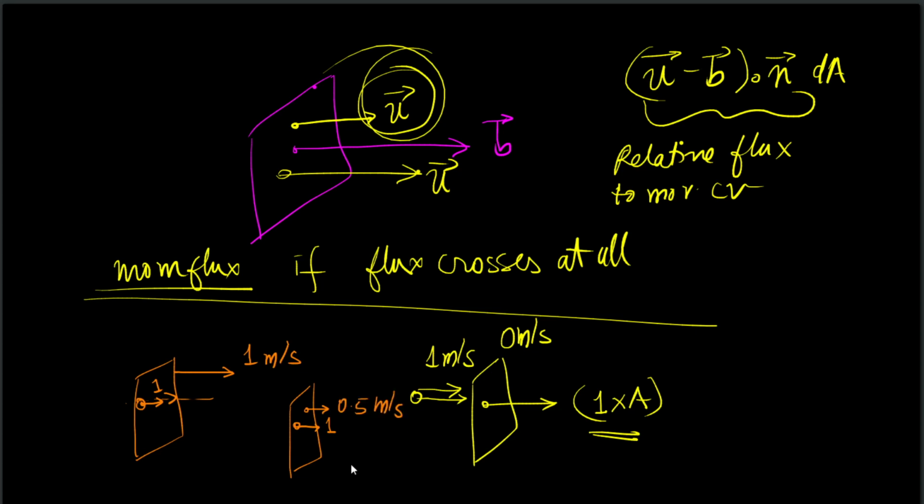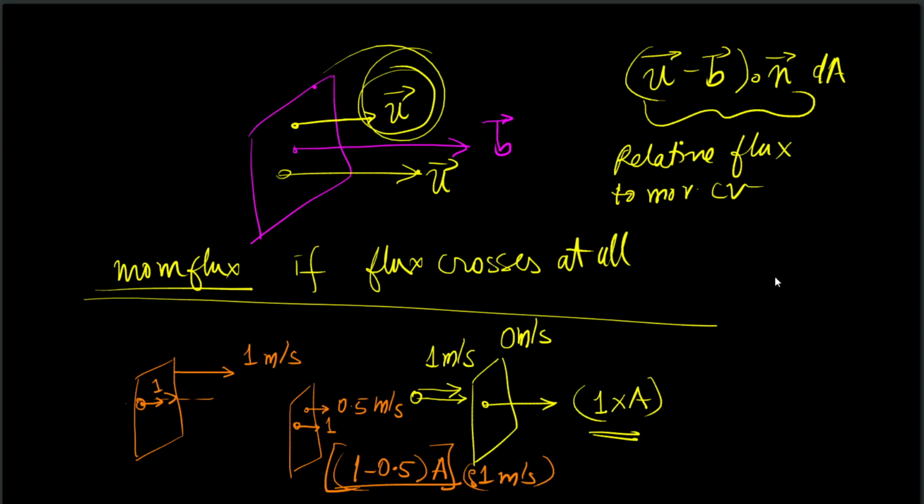So per second, I will only have half the flux. So it will be 1 minus 0.5 times the area, that is the flux. But now this flux, whatever is coming out of the surface, will carry a momentum of rho times 1 meter per second. So that is the meaning of this. Okay.